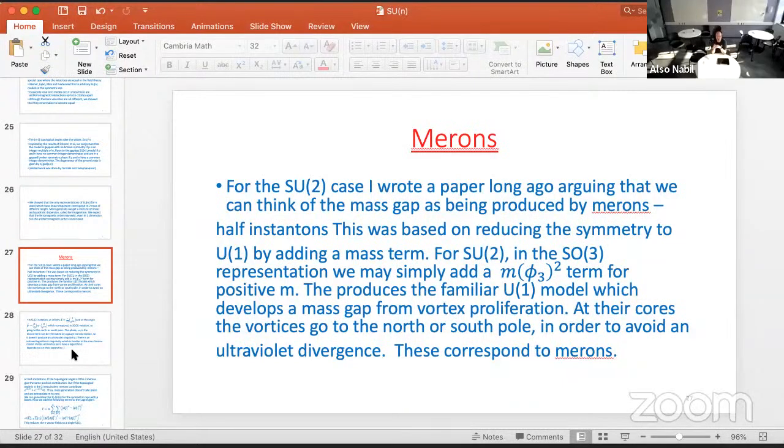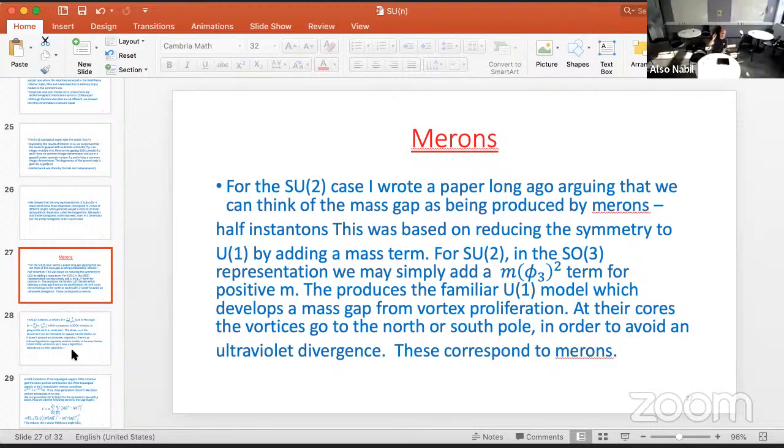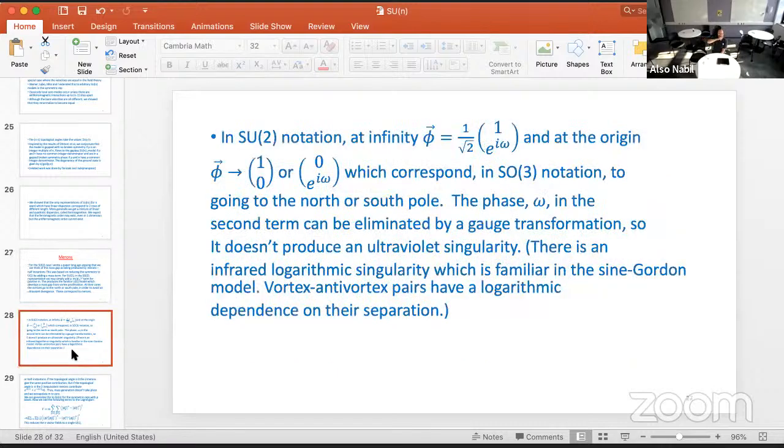So it's a single compact scalar. We just have these vortices, very similar to what happens in Kosterlitz-Thouless. I see, which were shown to produce a mass gap for the Sine-Gordon model. One of the nice things in the O(3) case was that when theta is equal to pi, all these vortices vanish, so you don't get the contribution of the leading vortex.